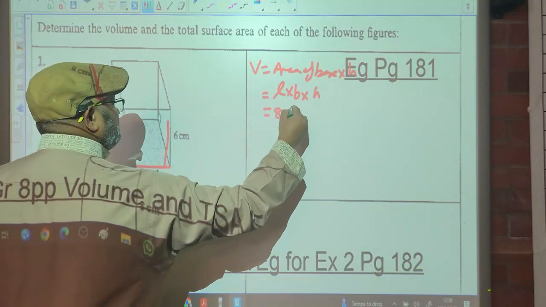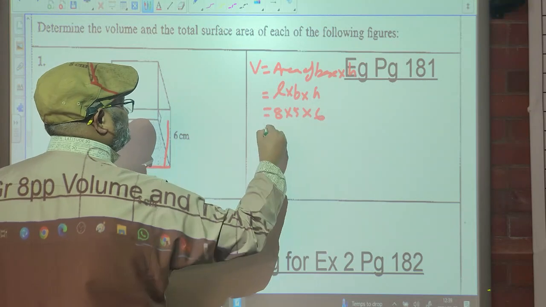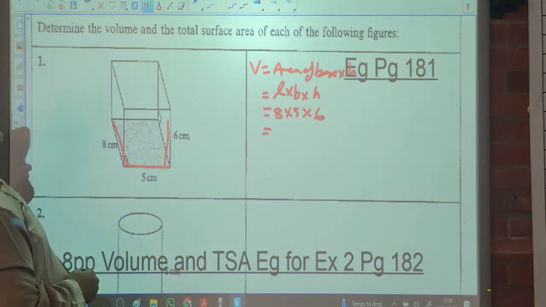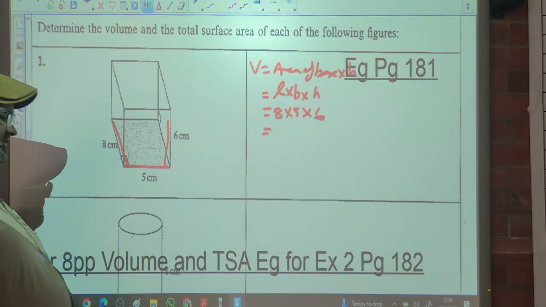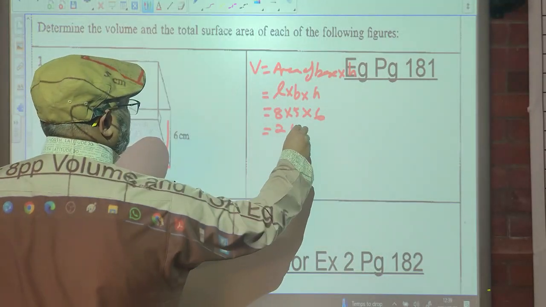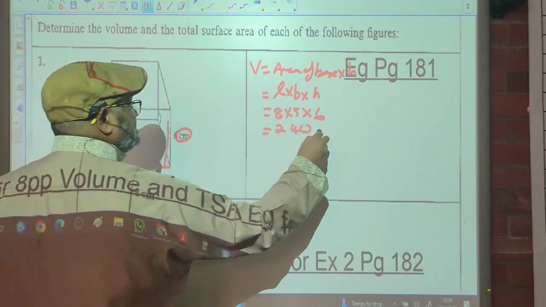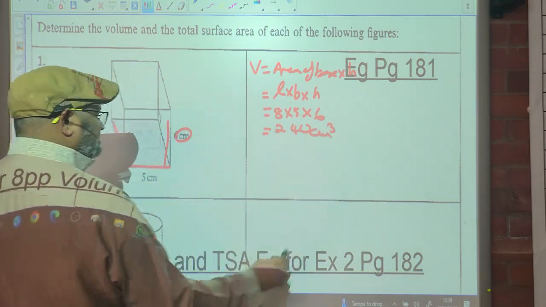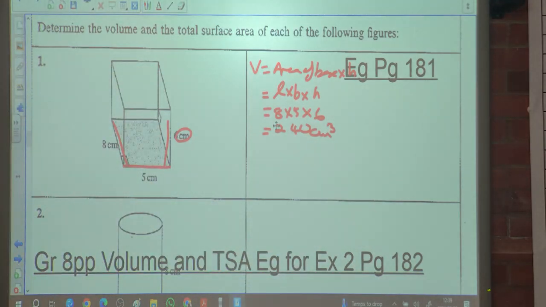So 8 times 5 times 6. 8 times 5 is 40, times 6 is 240 centimeters cubed. Why centimeters cubed? Because it's 3 dimensions. It has a length, a breadth, and a height. You guys understand? Any confusion?